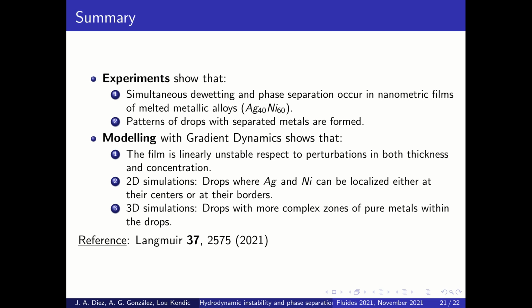We were able to model this problem by using the gradient dynamics theory. By means of the linear instability analysis, we were able to calculate the parameters for the experiment and show similar forms of the drops and composition of the drops, in 1 dimension and 2 dimensions. Thank you.